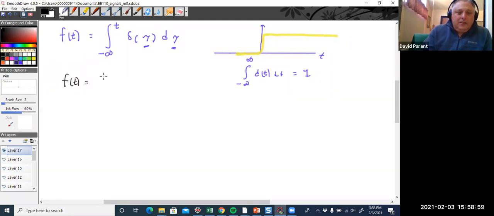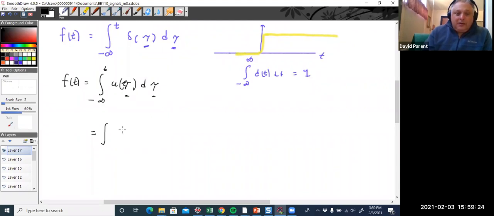If f of t was, we go from minus infinity to t, of a step function. Again, I have to switch to tau. Now, what is this? Well, when tau is greater than or equal to 0, it's 1.